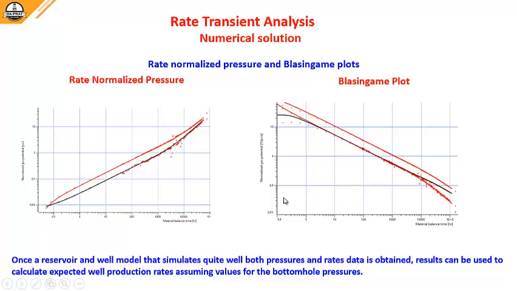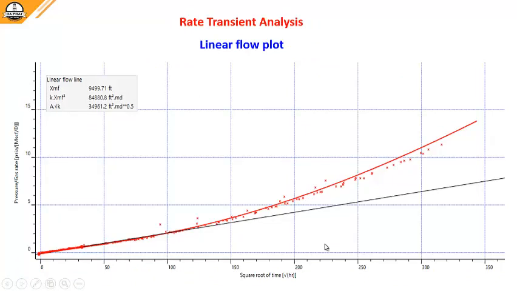So what we can do is extrapolate, assuming values for the bottom hole pressure. Or before I show you this, I would like to also mention that this linear flow plot, which is just the normalized pressure versus the square root of time, which in conventional reservoirs also, you can get your fracture half length from the linear part.